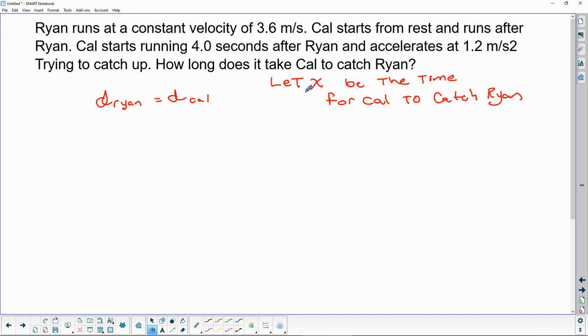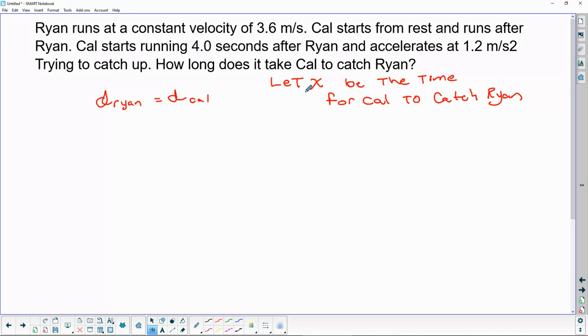Okay, well, if we're looking at Ryan, he is running at a constant velocity. Ryan's going to end up running for an extra 4 seconds, because Cal starts running 4 seconds after Ryan.